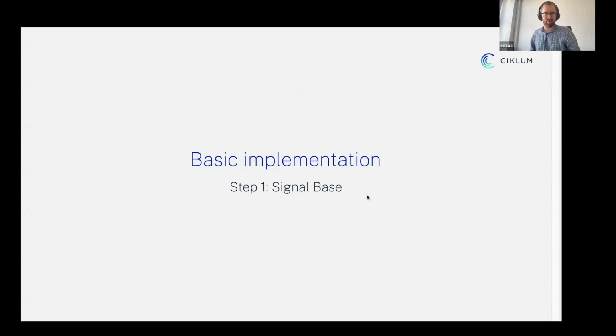Now we will go to a basic implementation, but don't worry, the final code is around 50 lines of code. Why are we doing it here? Because I think it's important to understand what's happening under the hood, to later realize why some usage of signals doesn't work as you expect.